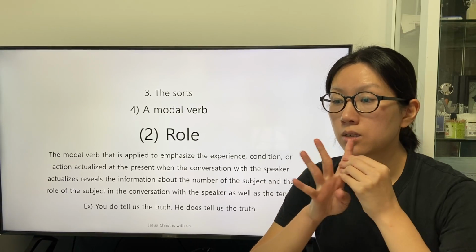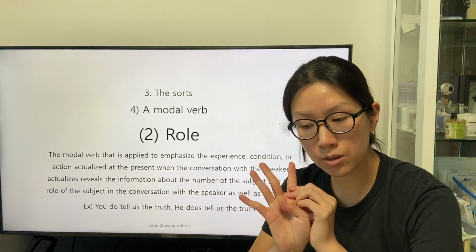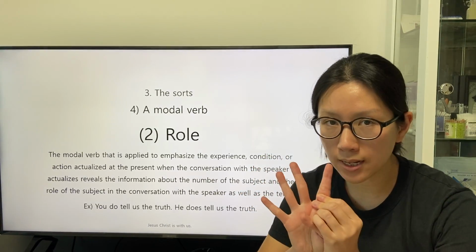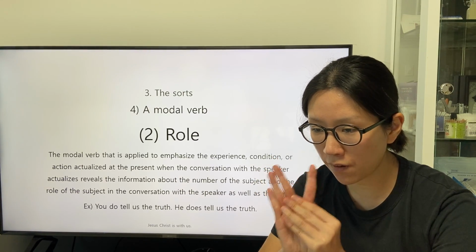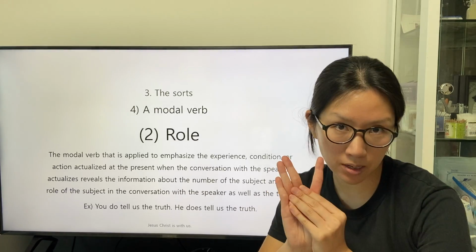The first classification is this. The number of the subject is 1, and the subject participates in the conversation at the present.